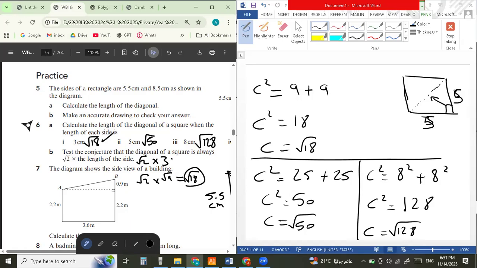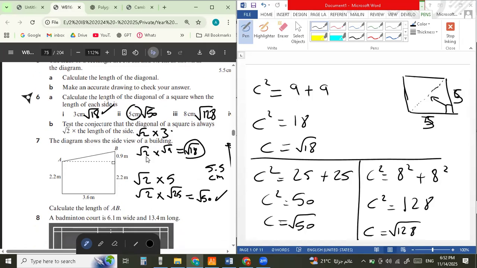Yes, it worked. So for the other one, 5 centimeters. If you multiply the square root of 2 by 5, will it give you the square root of 50? Let's try. The square root of 2 times 5 is the square root of 2 times 25, which is the square root of 50. Well, it worked.